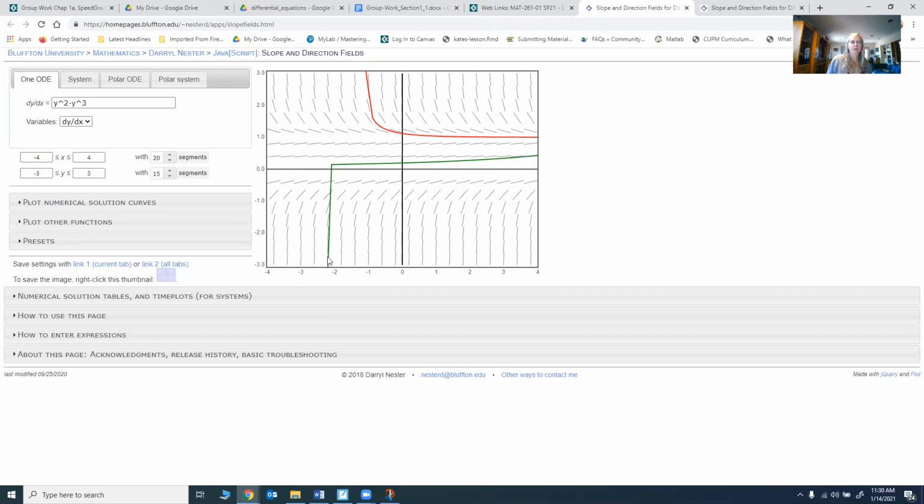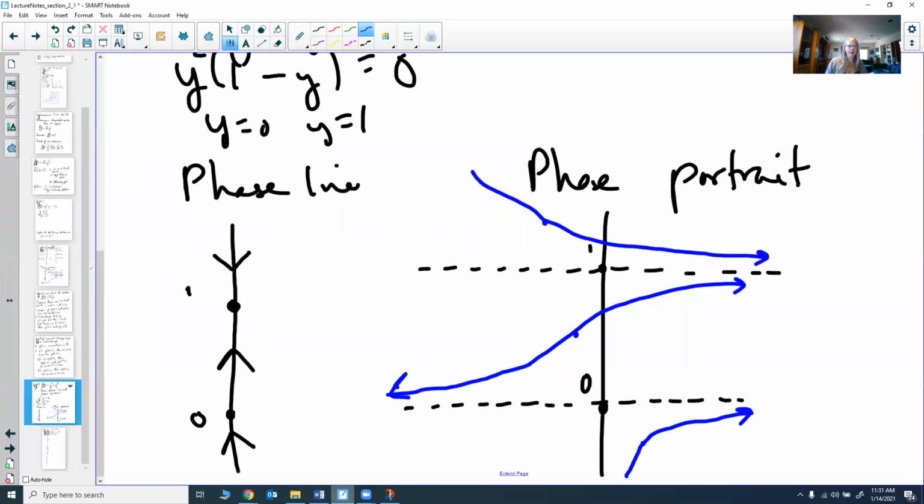If I'm down below 0, I'm going to have a line that comes up along there. And if I'm in between, I'm going to have a line that comes up and goes along there. So I can still see what's going on with this. The first one was a little strange because graphing doesn't always work perfectly. We can draw some others and see that that's happening. And that's how we can visualize our information.